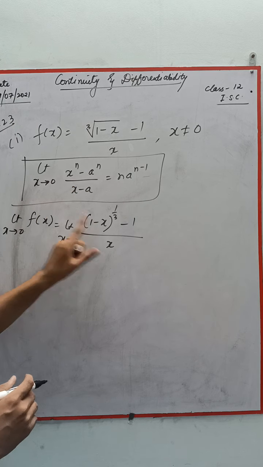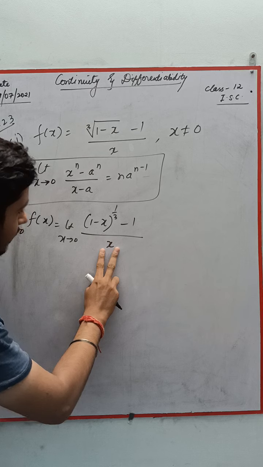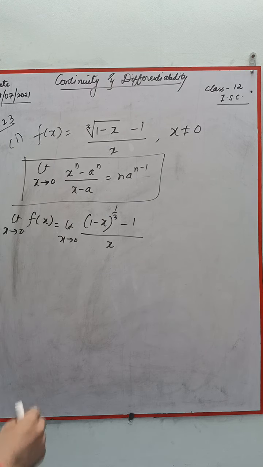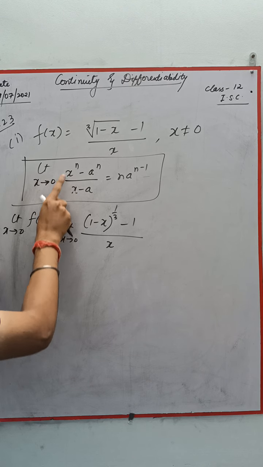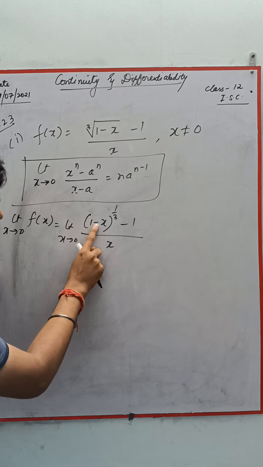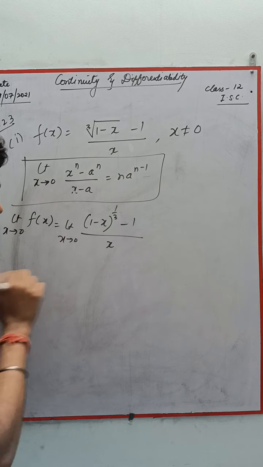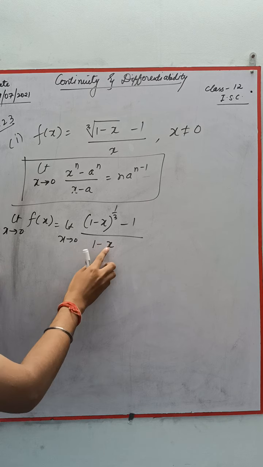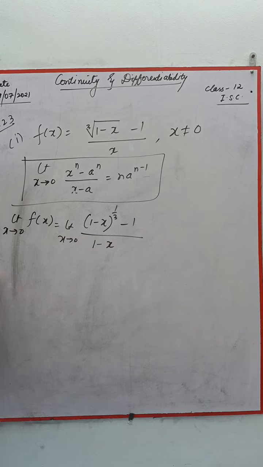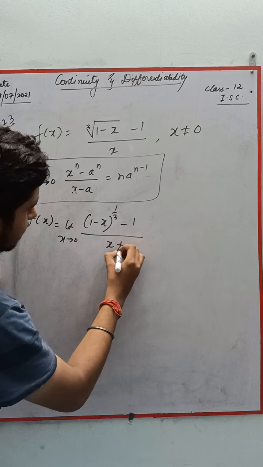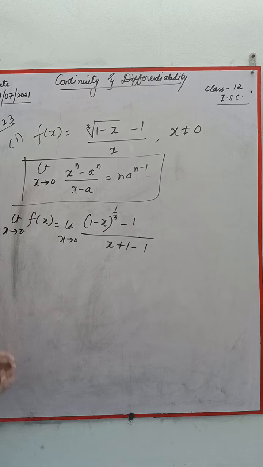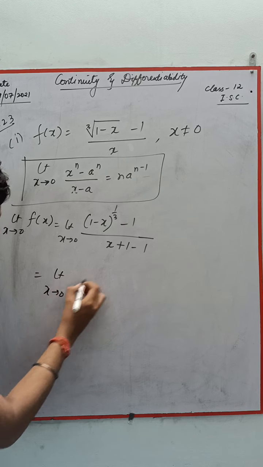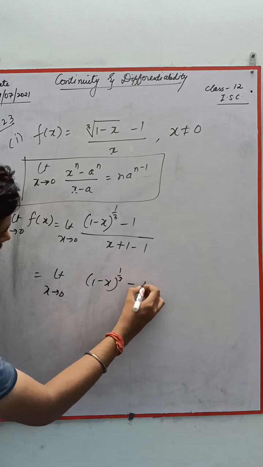So how to mold this thing into the identity? What things do we have to do here? See, this x should be the same. Now here we have 1 minus x and here x only. So here we need 1 minus, but if we do 1 minus, x will become minus 1. So first I'm just adding 1 and subtracting 1 in the denominator.